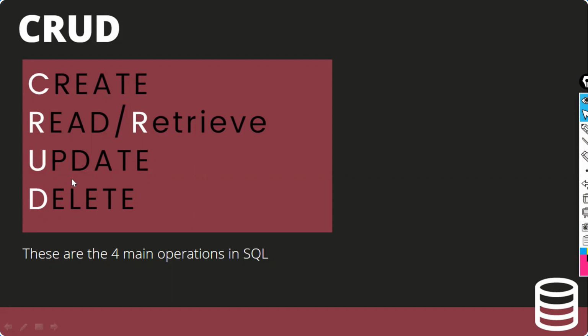Adding a new row is also an update. And D stands for delete. If something is not important, we are going to delete it. So SQL majorly consists of these CRUD operations: create, retrieve, update and delete.